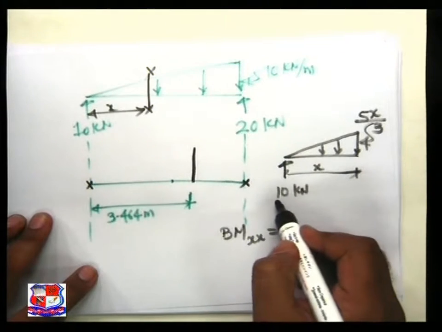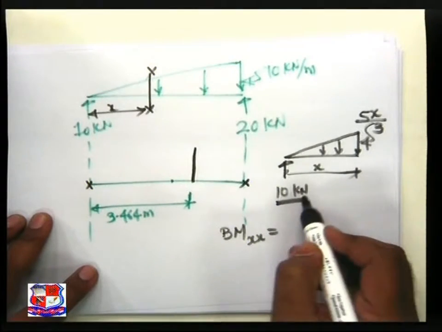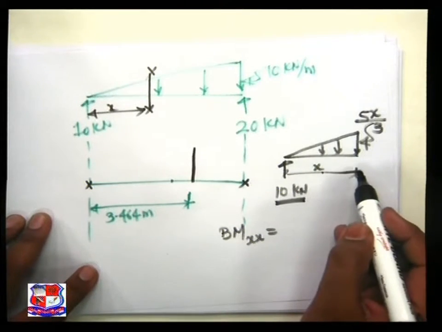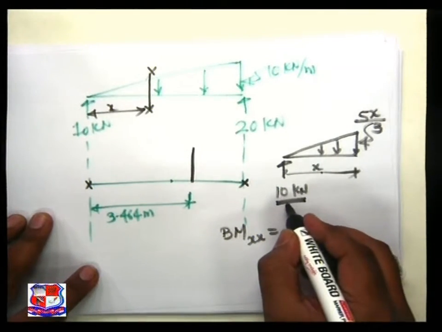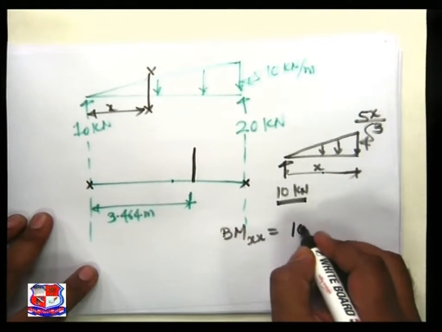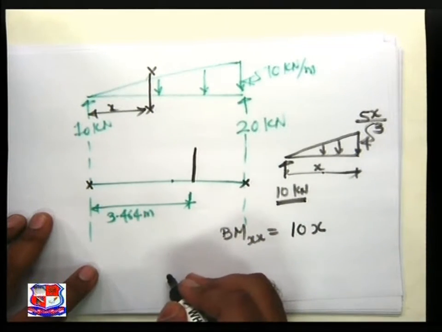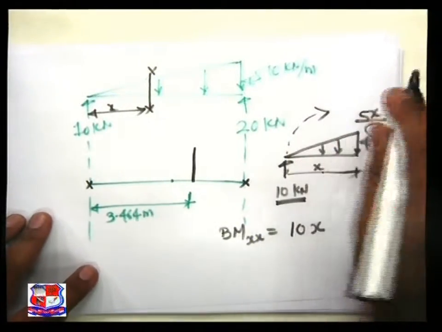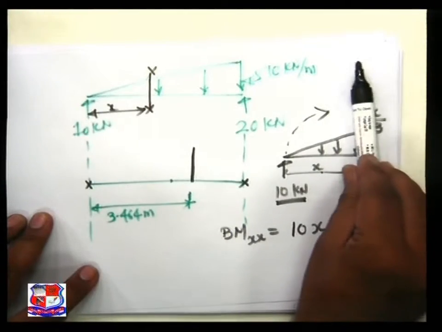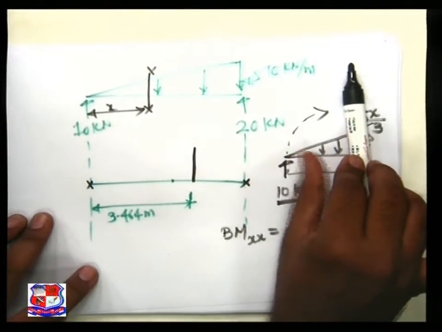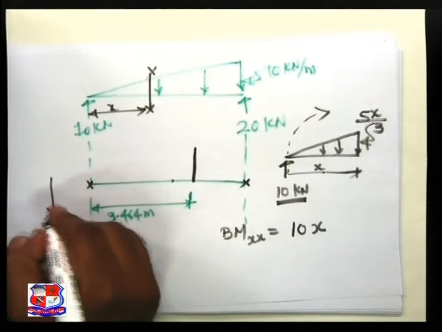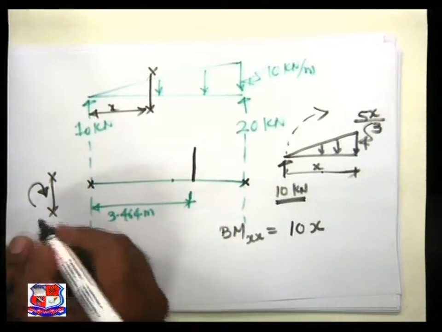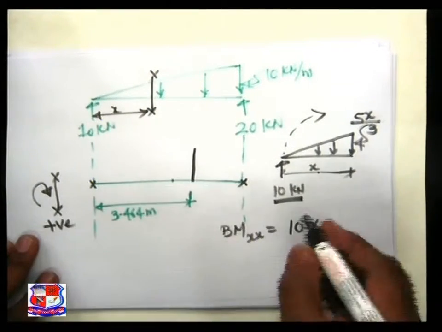The first load is of 10 kilonewton, the perpendicular distance is x. So at this section, because of the load of 10, the bending moment is 10 into x. This creates clockwise moment, specifically section left clockwise. So if I draw a figure, section left clockwise is treated as positive, this is the plus sign.